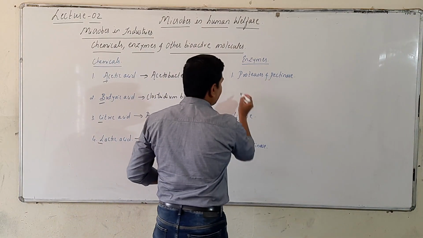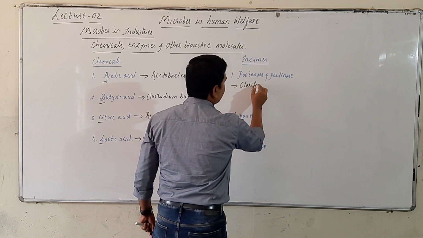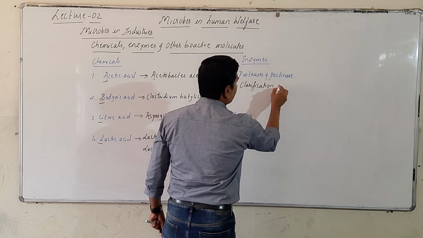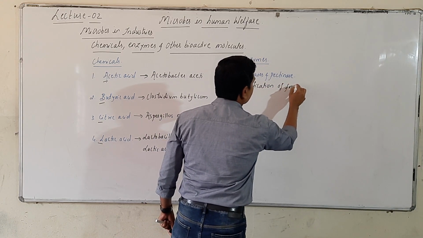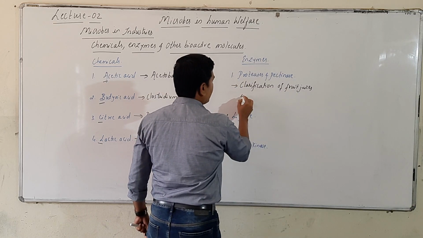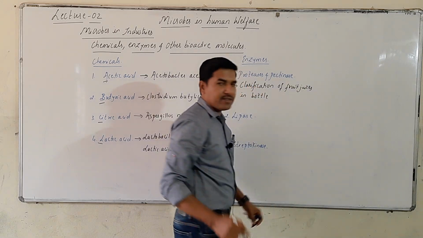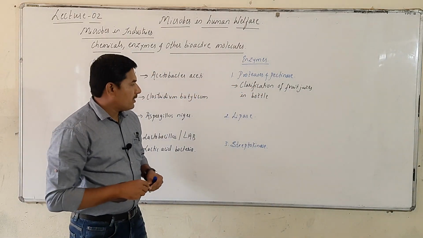Protease and pectinase, they are used in clarification of fruit juices in bottled juice products. Okay.